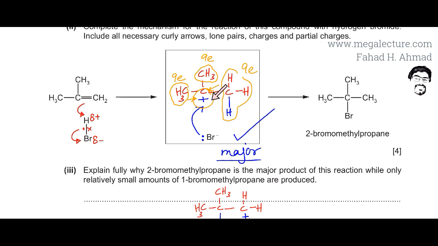If the positive charge decreases, the carbocation becomes more stable, which basically means that it gives time for Br-1 to approach and attach itself to the positive carbon.